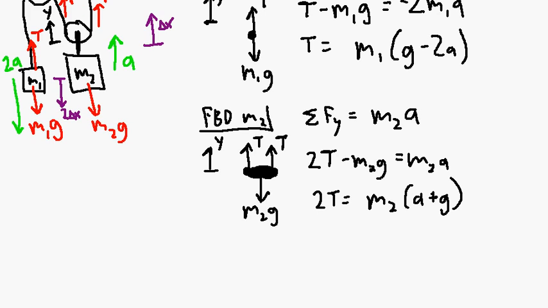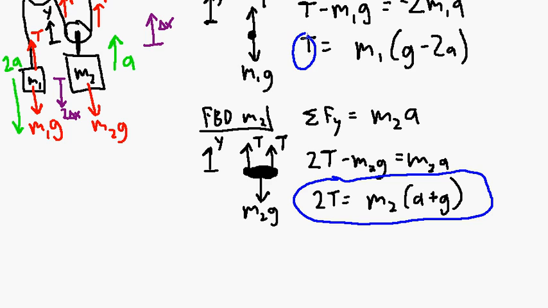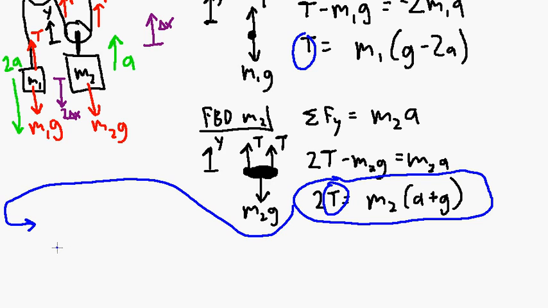Now I guess the thing to do is take this equation here and substitute in this T into that. So what we're going to get out of that is 2 M1 times G minus 2A equals M2 times A plus G.